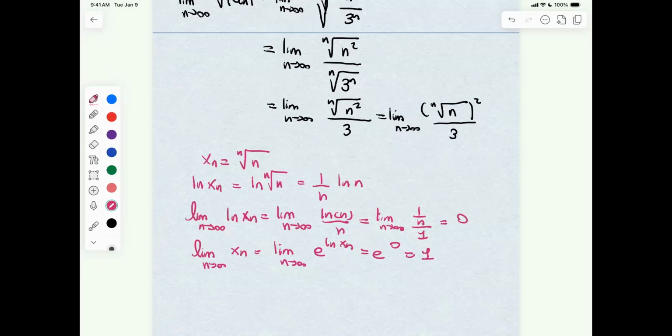That's fine. But if you forget about it, you just take ln on both sides, and it's not such a bad calculation. So this would give 1/3. And because that's less than 1, the root test says that it converges.